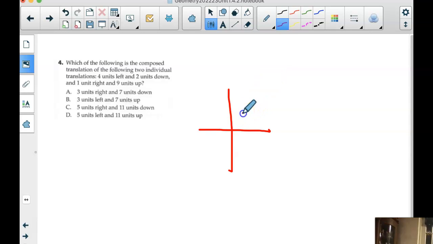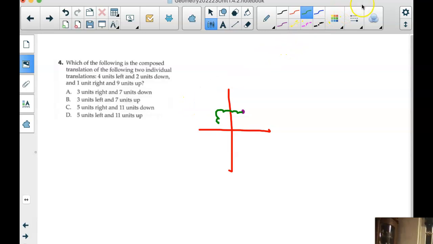We're going to start here, and we're going to move 4 units left. 1, 2, 3, 4. And 2 units down. 1, 2.